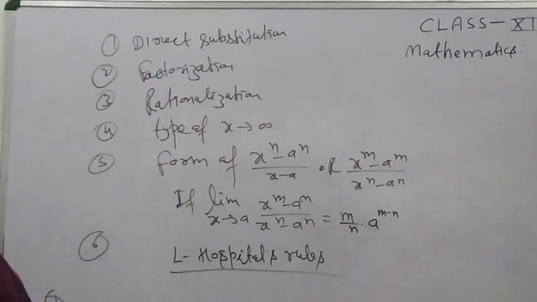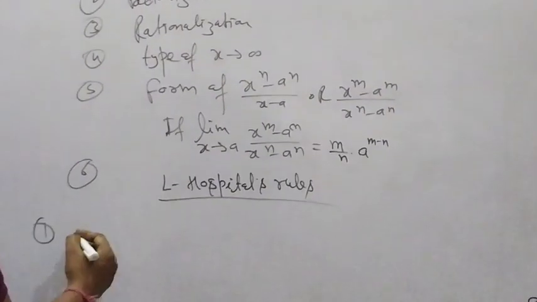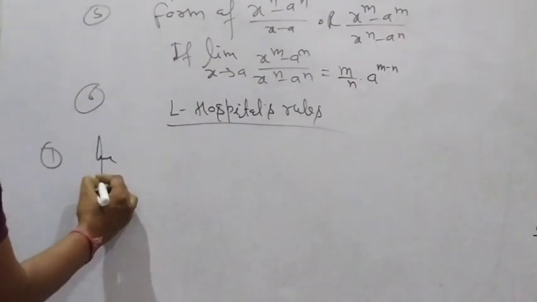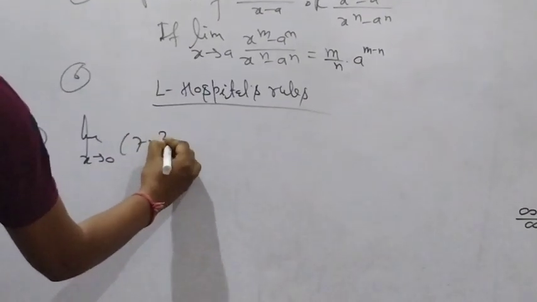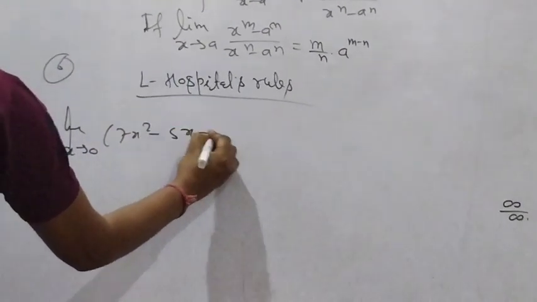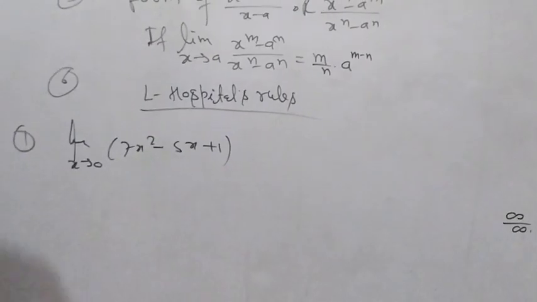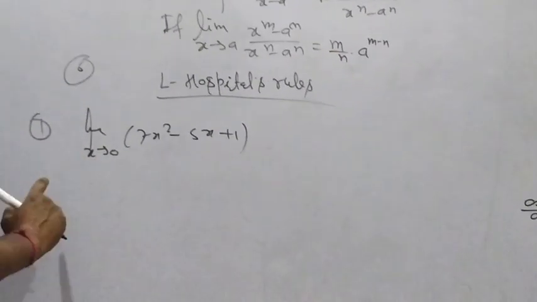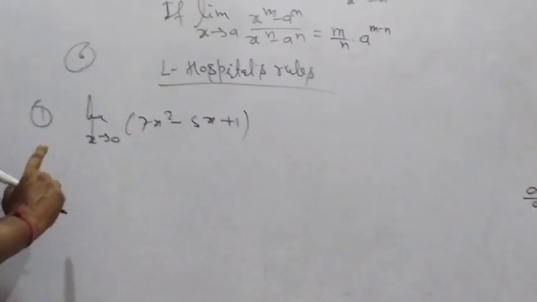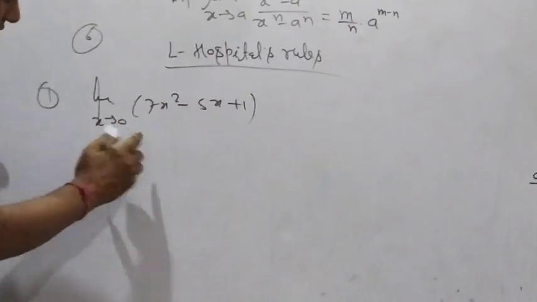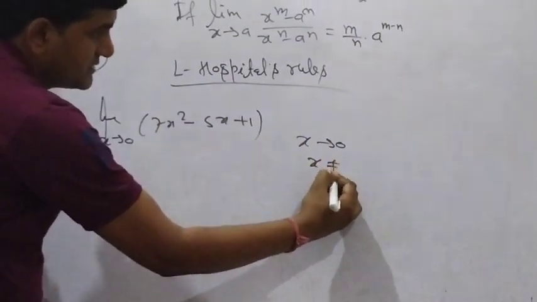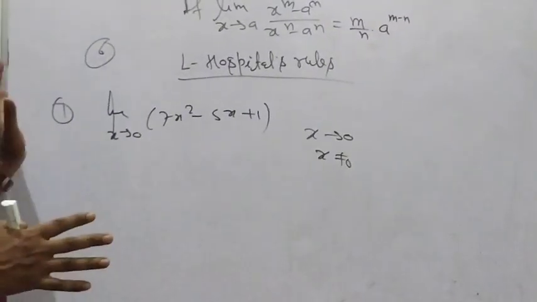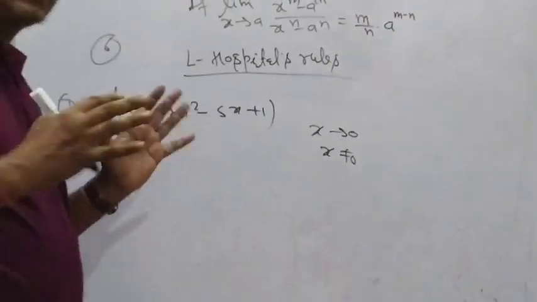direct substitution. Direct means here, suppose limit x tends to 0 of 7x square minus 5x plus 1. Direct means we can put the value x is equal to 0. And you know x tends to 0 means we can't write x is equal to 0, but we have to find the approximate value of this.